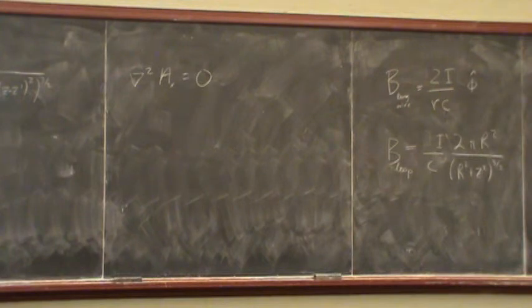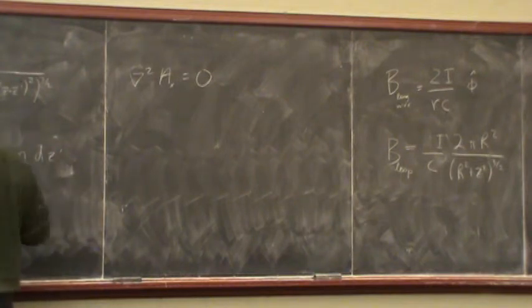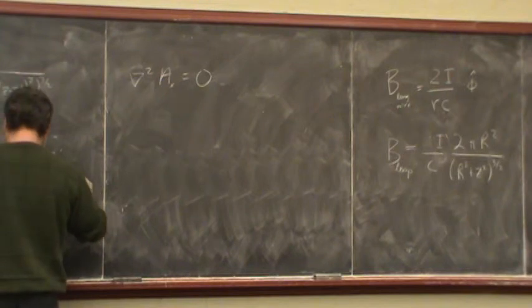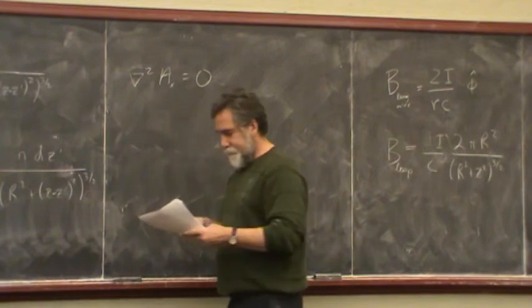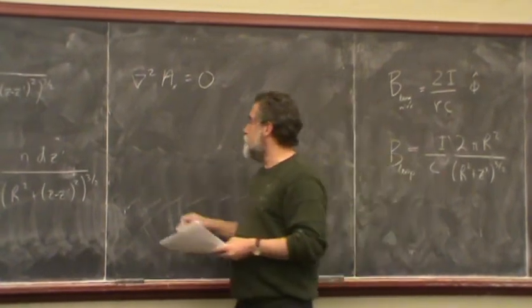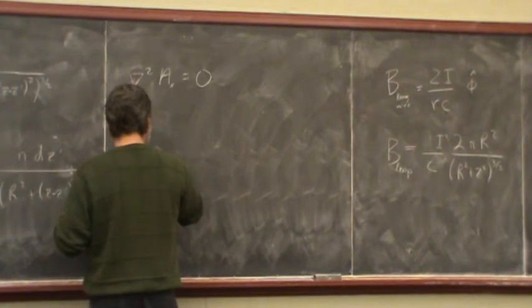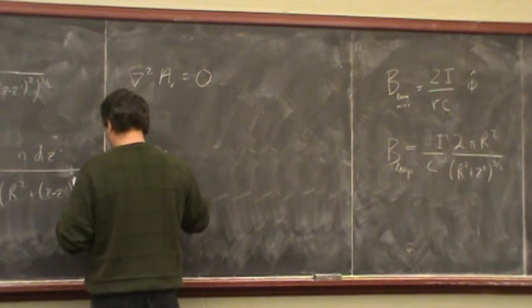So now summing up over all the coils, I have n dz prime, where n is the number of turns per unit length, over r squared plus z minus z prime squared to the 3 halves. That's the whole thing. We can go ahead and do the integral, but I won't. Exercise for the student.